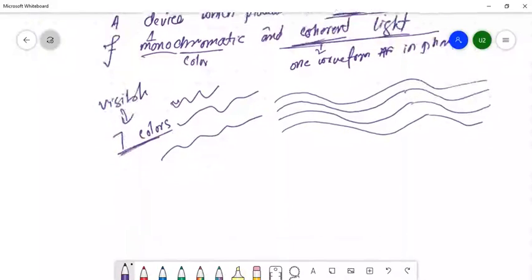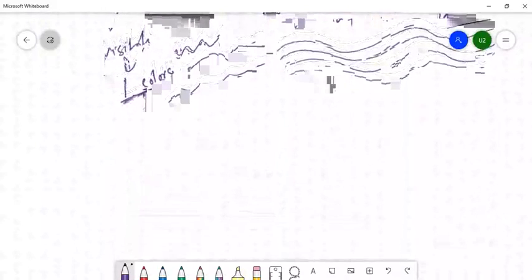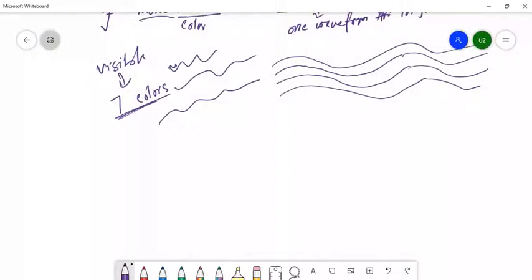Now, regarding laser, there is controversy, as with many devices or instruments like telephones and computers that we will be discussing later on.